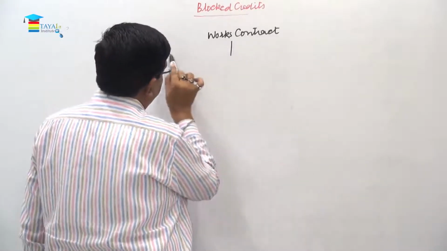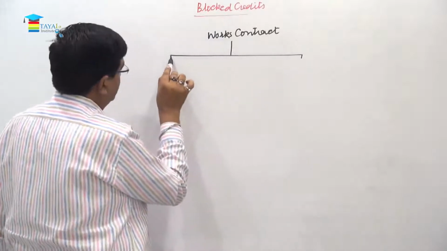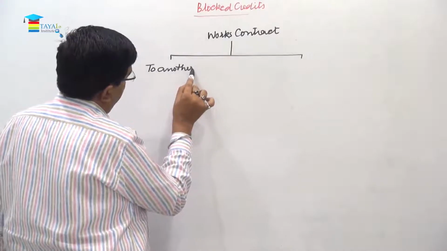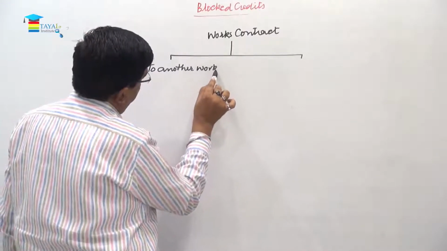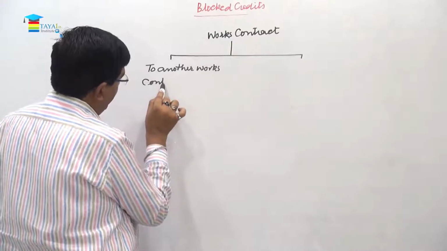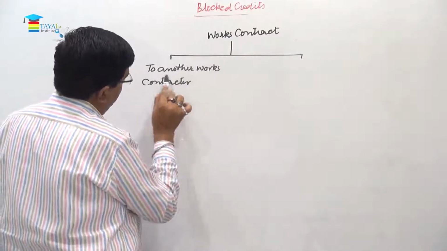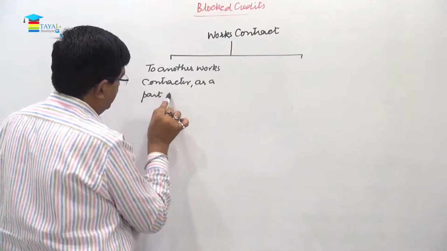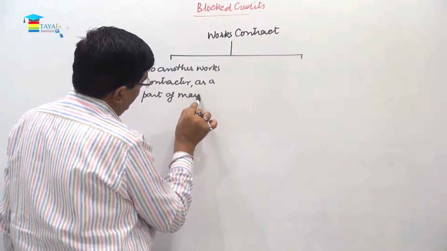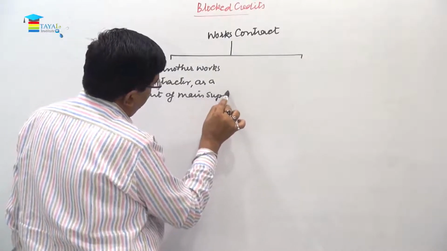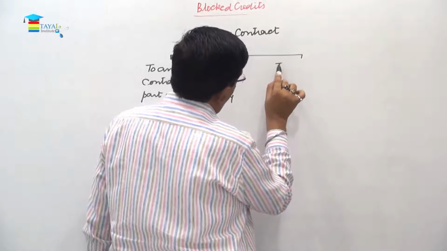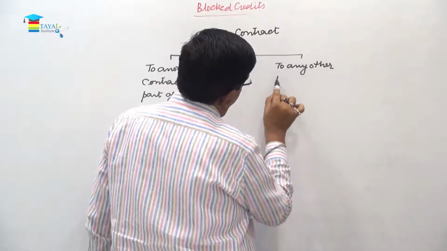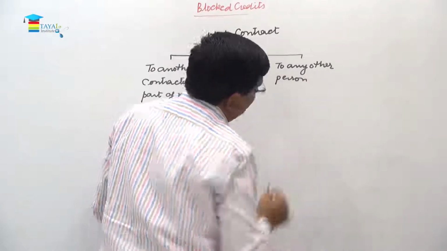Now to whom are these services given? To another works contractor as a part of the main supply, and to any other person. Any other person.